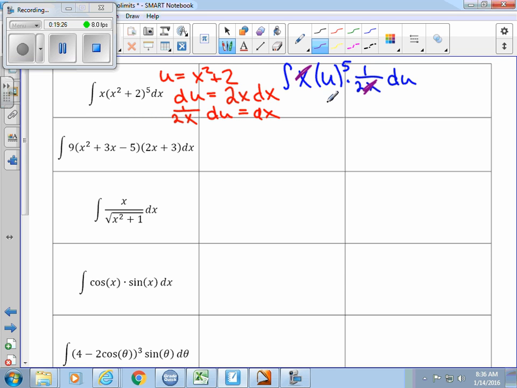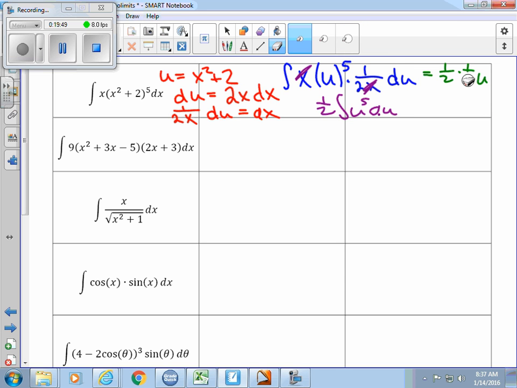So that's good news. Rewrite: 1/2 the integral of u to the 5th du, which is 1/2 times 1/5 u to the, no, u to the 6th, 1/6, thank you. 1/6 u to the 6th plus c, which is 1/12 times u to the 6th, and u was x squared plus 2, to the 6th power plus c.